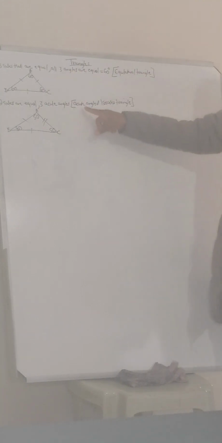So this is an acute angled isosceles triangle. Why isosceles? Because 2 sides are equal. In an isosceles triangle, those 2 angles must be equal.